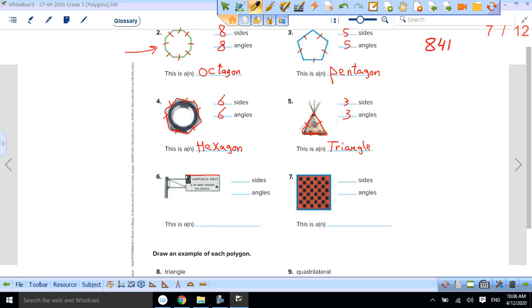This one has how many sides and how many angles? Yes, 4 sides, 4 angles, so it is a quadrilateral. One can say it is a rectangle. Yes, it is a rectangle, and a rectangle is one of the quadrilaterals.